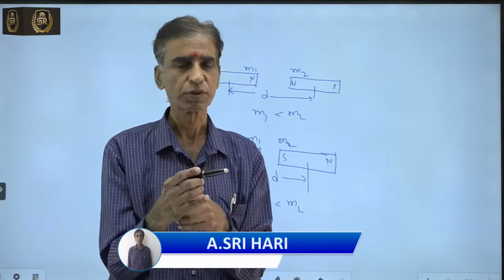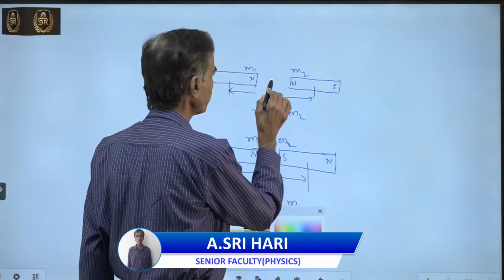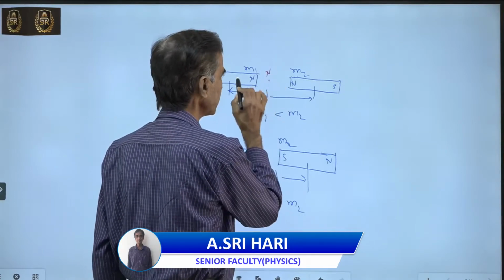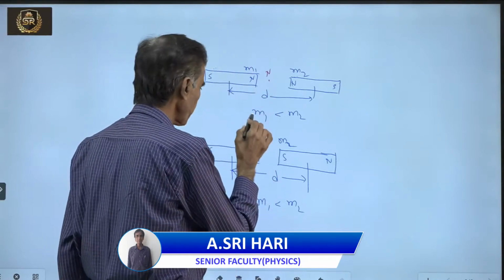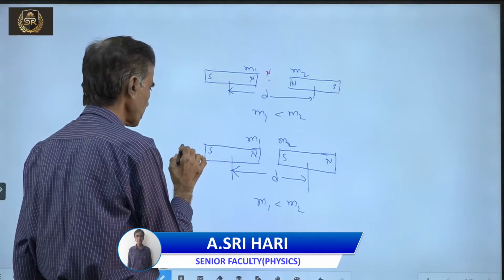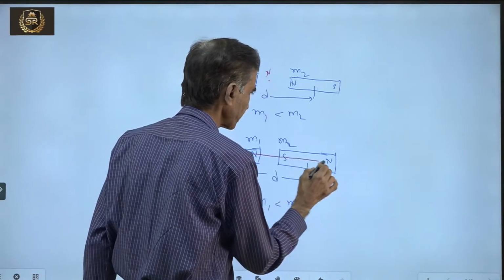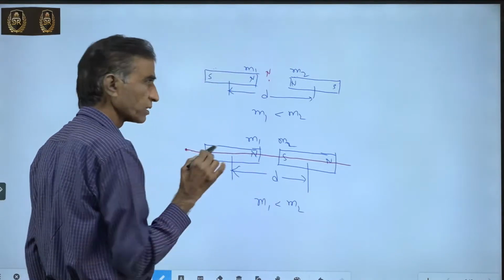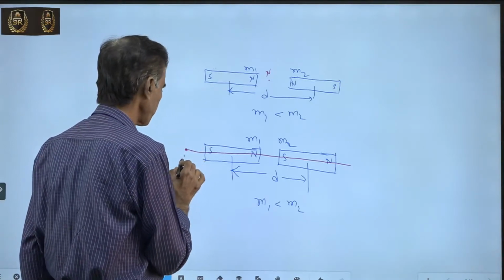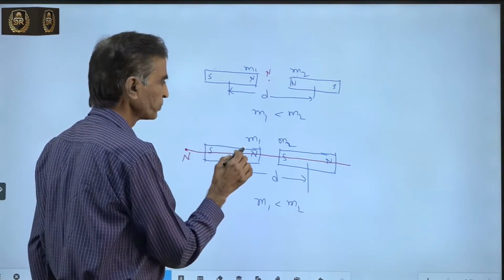So in this case our null point will be in between the poles and nearer to m1, and here the null point will be outside the magnets, somewhere along the axis of the magnets. This is our null point, which will be outside, at a distance x from our given pole.